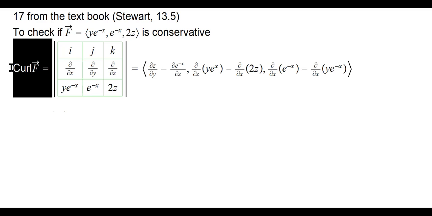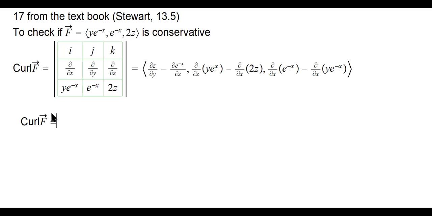The curl of f is, okay, we have 0 from this, 0 from this, and then we got negative e to the negative x here, and this one is with respect to y, right? So here the derivative of y is 1, and this will stay the same.